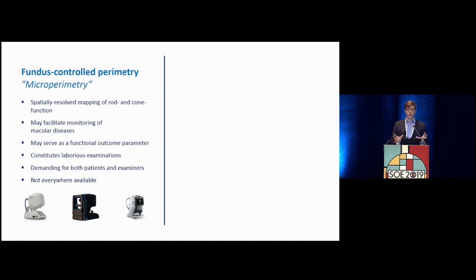The alternative, which works theoretically quite well, is so-called fundus-controlled perimetry. So it's basically perimetry testing, but with simultaneous imaging of the fundus, and it really allows for spatial mapping of cone function of the retina. And now we also have dark-adapted fundus-controlled perimetry, which allows for spatial mapping of rod function.